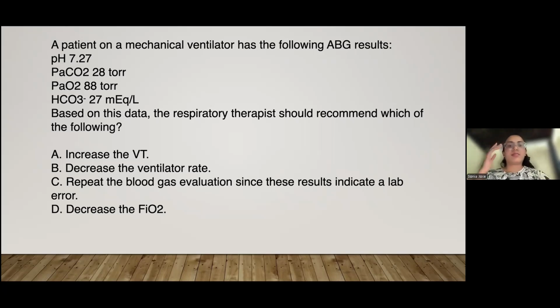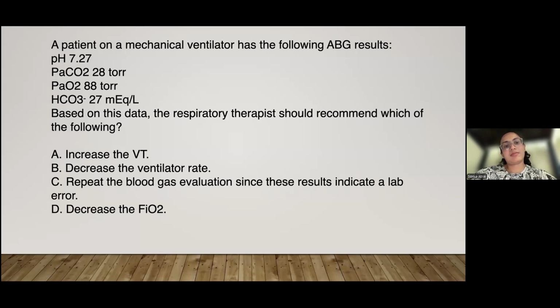Increase the tidal volume. Why did you say increase the tidal volume? So more washout will happen. Then PaCO2 is already 28. Decrease the FiO2. Why? Because the patient is already on the alkalotic side.